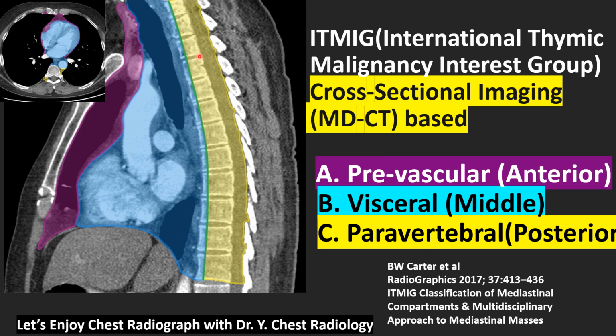And the last one, the posterior portion in yellow, is the paravertebral compartment. They divide it into three compartments: prevascular, visceral, and paravertebral compartment of mediastinum. This is written by B.W. Carter et al. in Radiographics, year 2017.